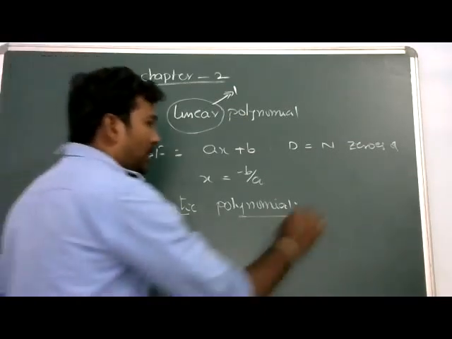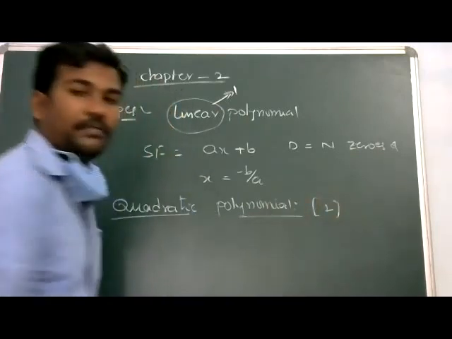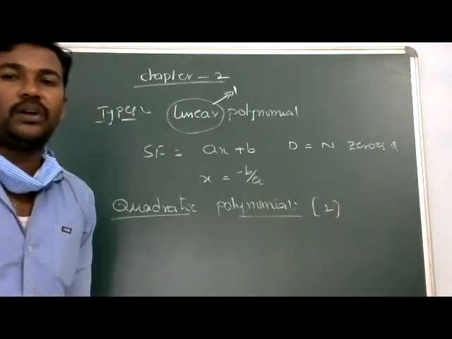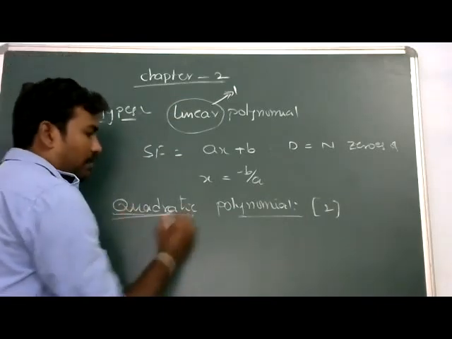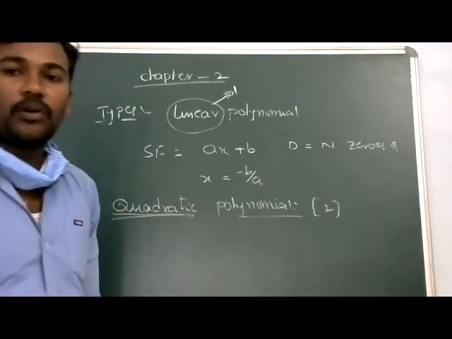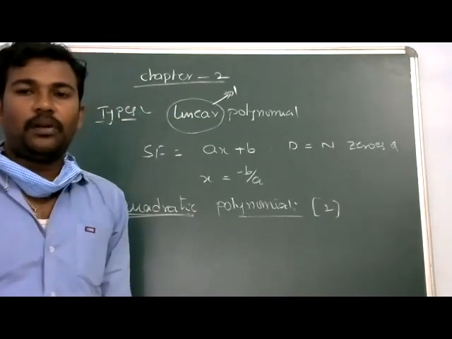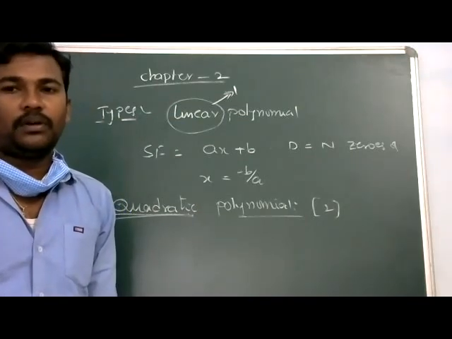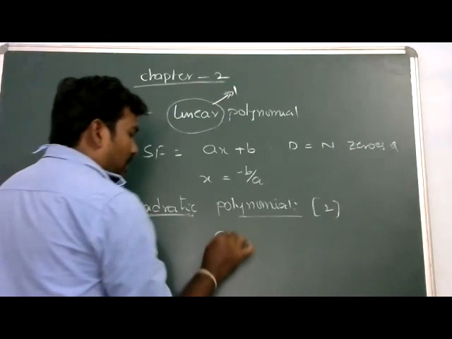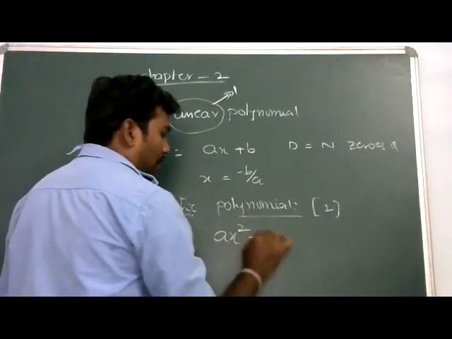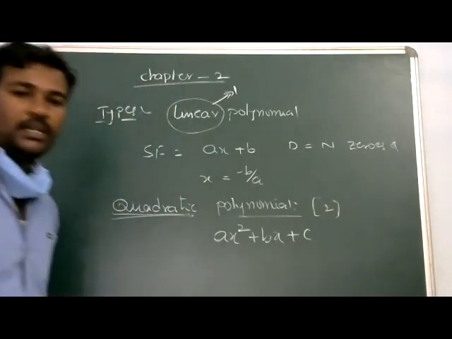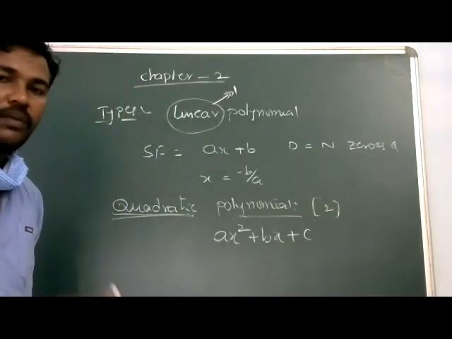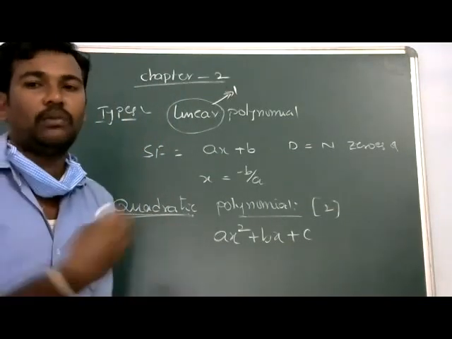If the degree of the polynomial is 2, then those polynomials are called quadratic polynomials. For example, ax square plus bx plus c is the standard form of the quadratic polynomial. Later we can discuss the zeros of the quadratic polynomial.